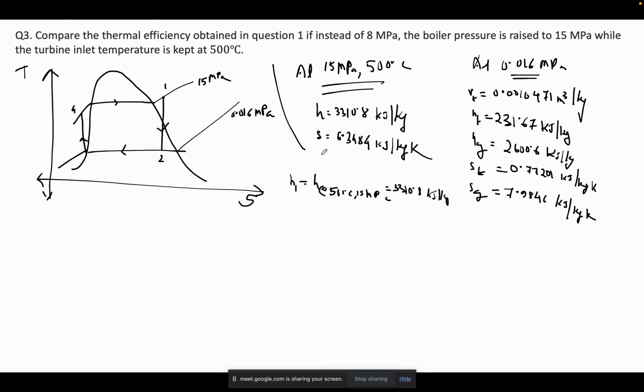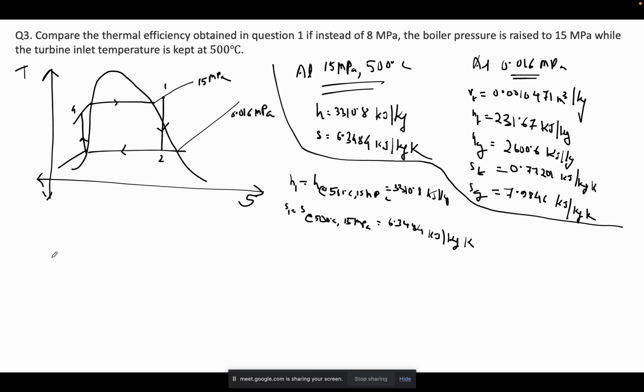Okay, let me put this aside, these are just the given values. Then I have S1, I will not write it again and again. Let me write S at 500 degrees Celsius and 15 megapascal, that is your 6.3484 kilojoule per kg Kelvin.